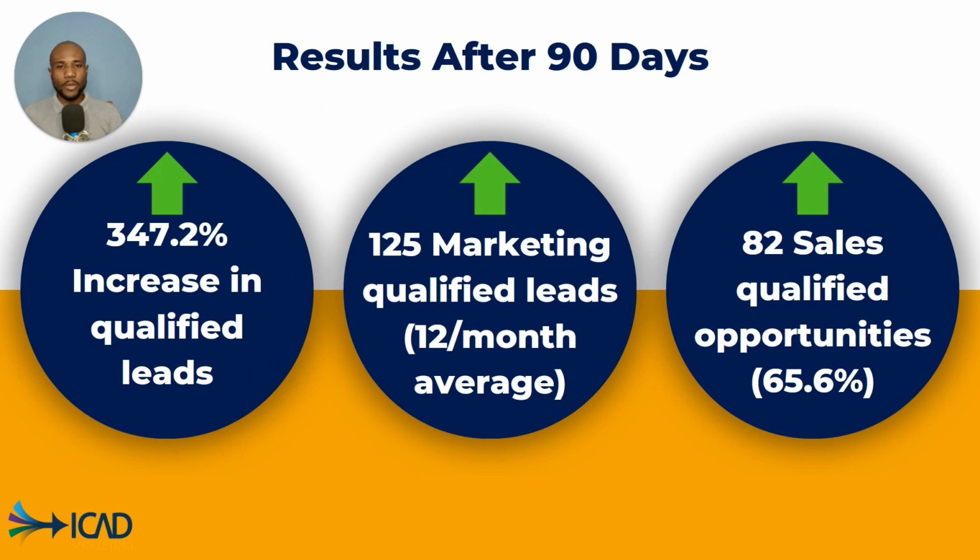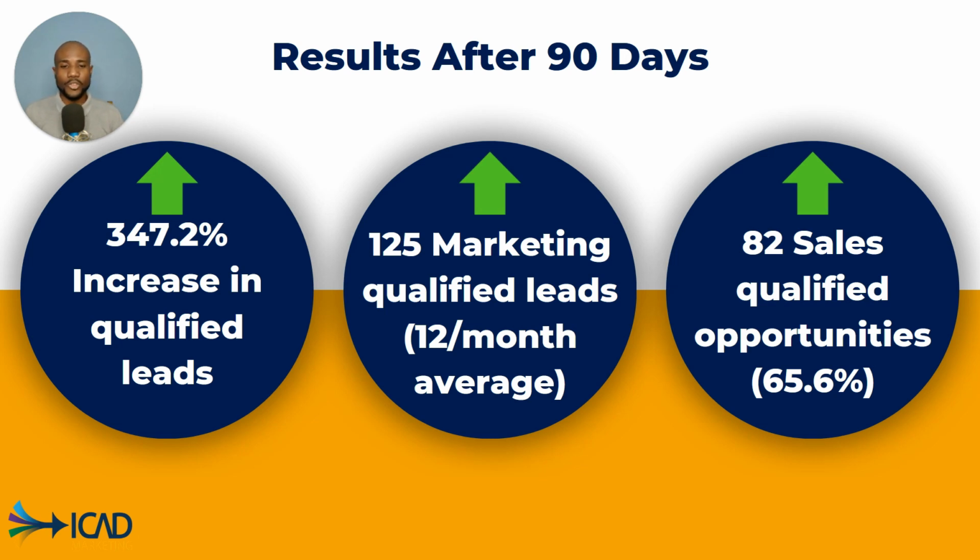So this is just some of the results after 90 days. We use that first 30 days for testing, and in the other 60 days, once we found which ones were the winners, we executed them for the full 90 days. And as I mentioned at the beginning, we saw an increase in qualified leads of 347.2%, which basically is 125 marketing qualified leads compared to the client's average before of 12 per month.